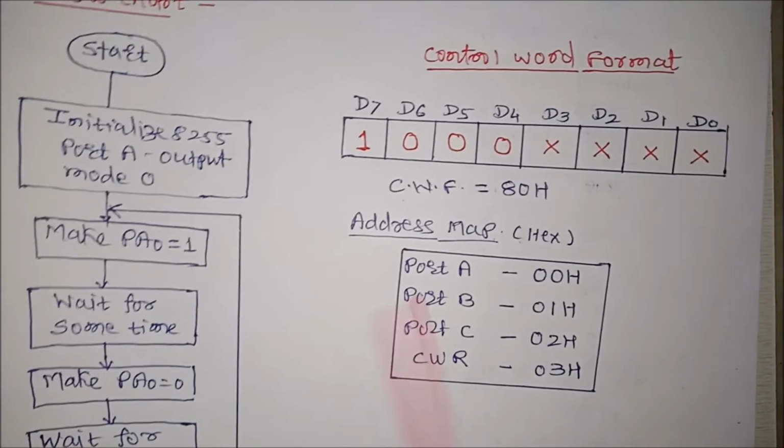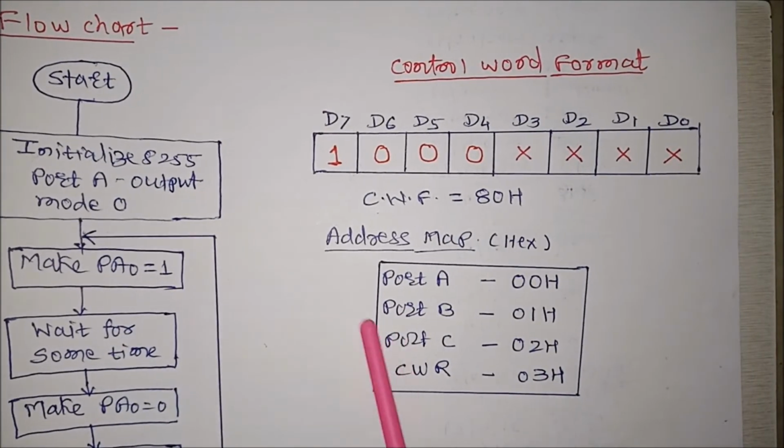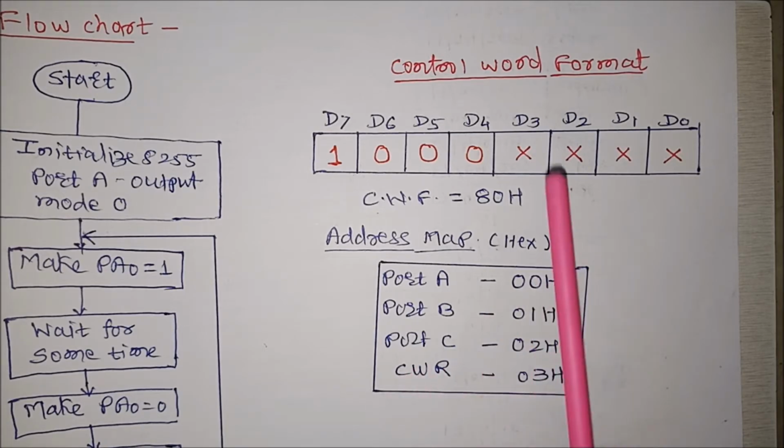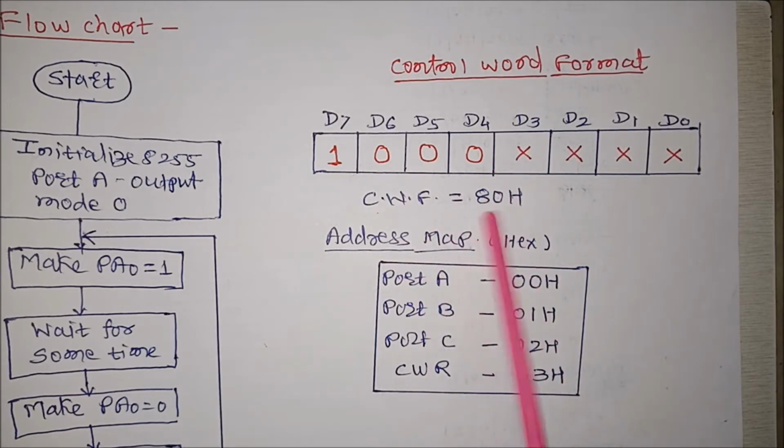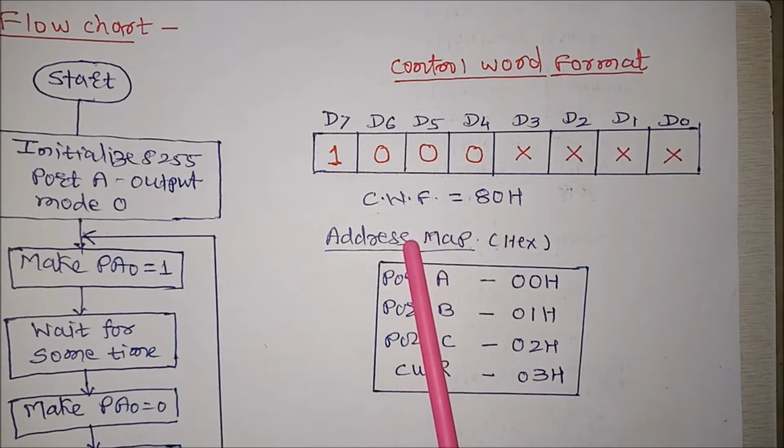Now the address map, based on the hardware that we have covered: port A is selected with hex address 00, whereas the CWR is selected with 03. So 80H, which is used to initialize port A as output, should be taken to the control word register.